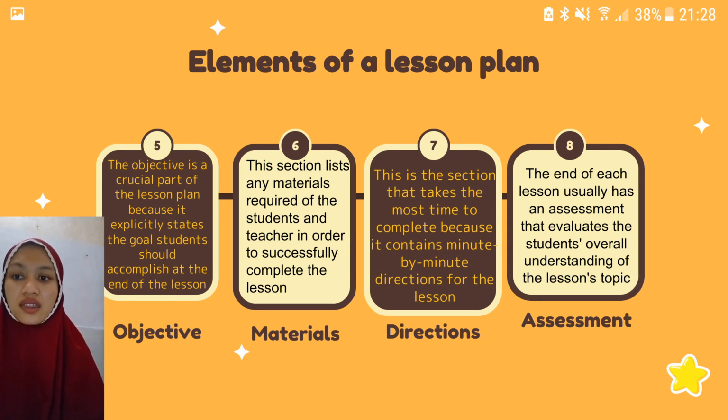Teachers usually create the assessment to align with the objective of the lesson so that the students know what they are working towards throughout the lesson. So those all are the elements of the lesson plan.